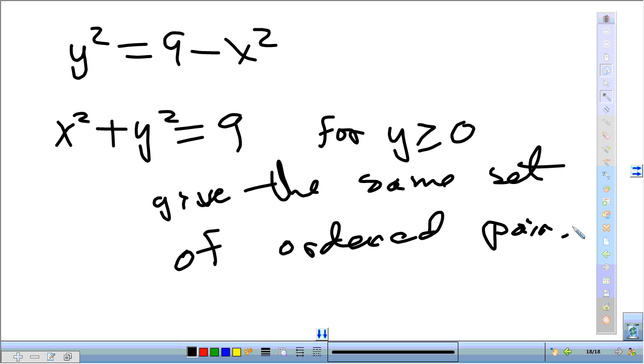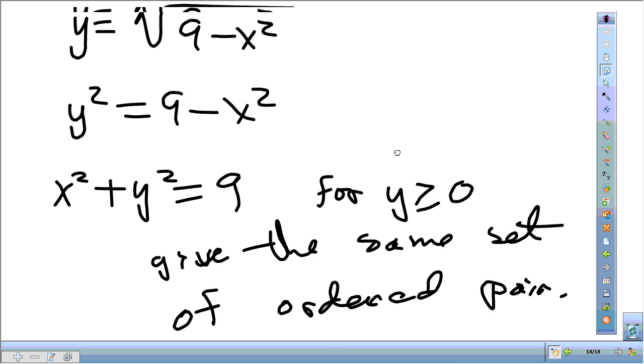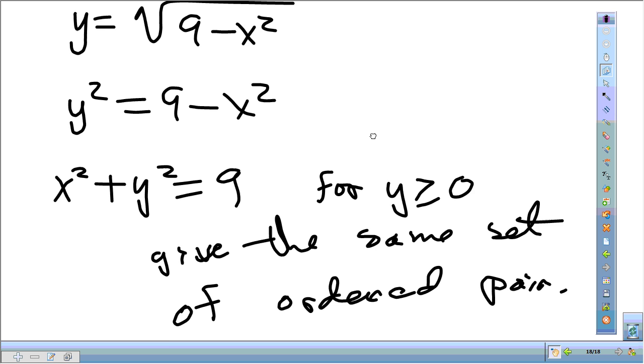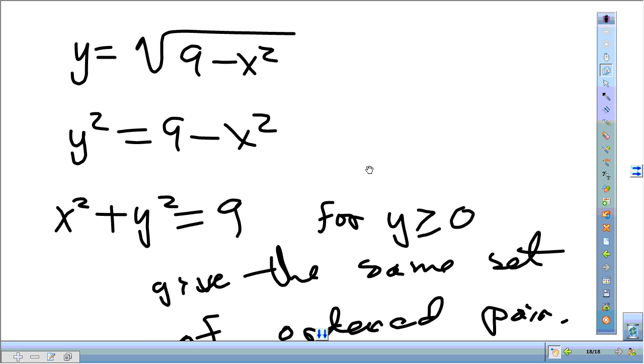It's going to describe exactly the same set of ordered pairs. For those y which are non-negative would be another way of saying that y is equal square root of 9 minus x squared. So they describe exactly the same thing.